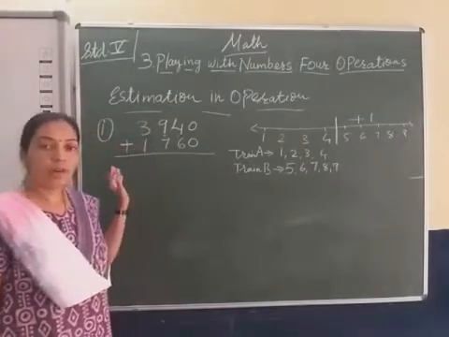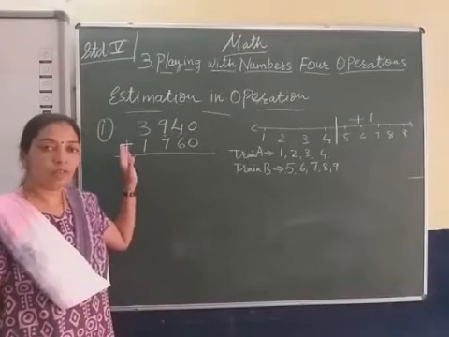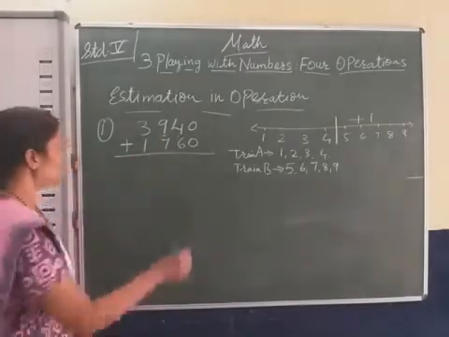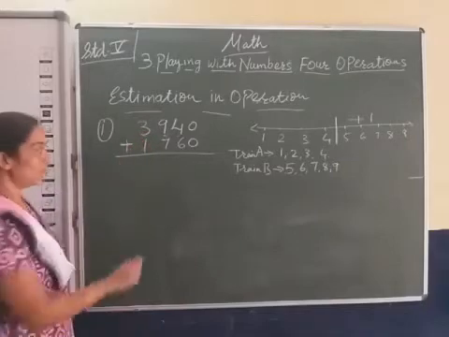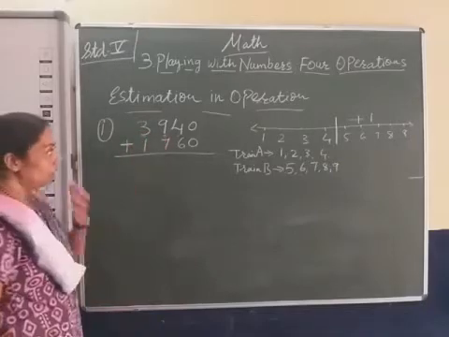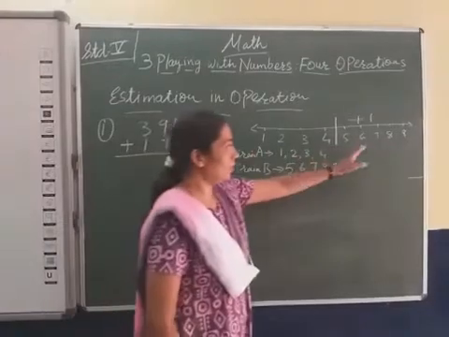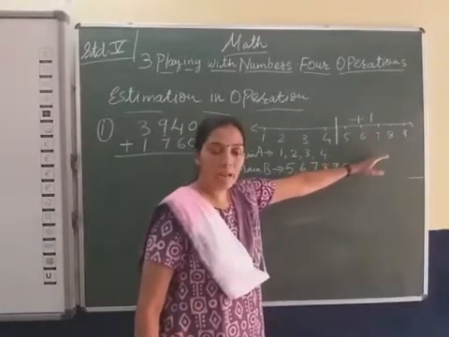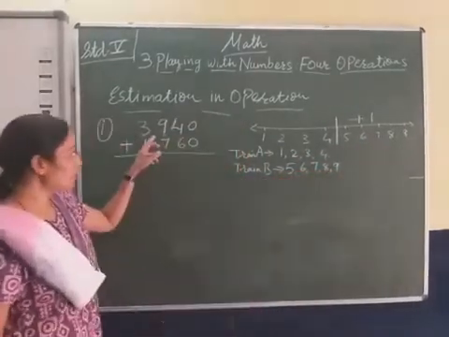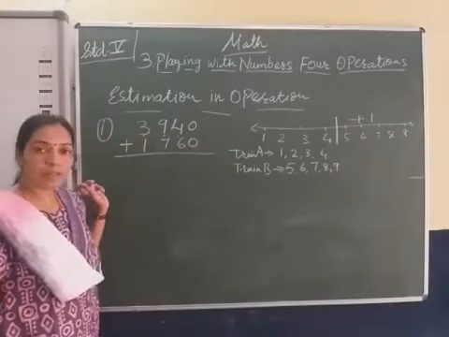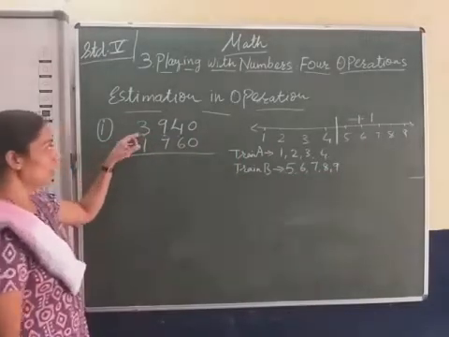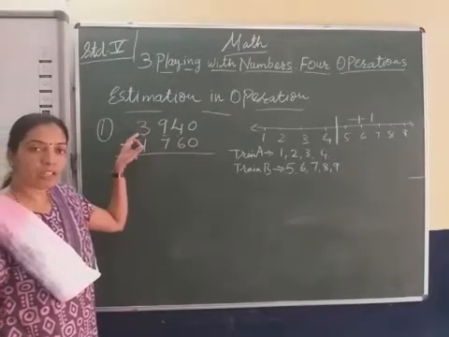When we round off to 1000, we have to see the next place value. Here the 3 is in the 1000 place, so we will see the 9. 9 is on the number line of the next one, so we will add plus 1. So 3 plus 1, 4. So the nearest 1000 number is 4000.